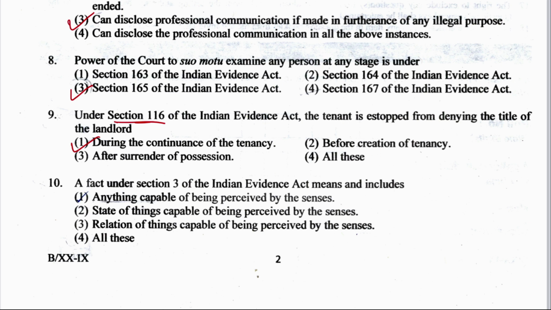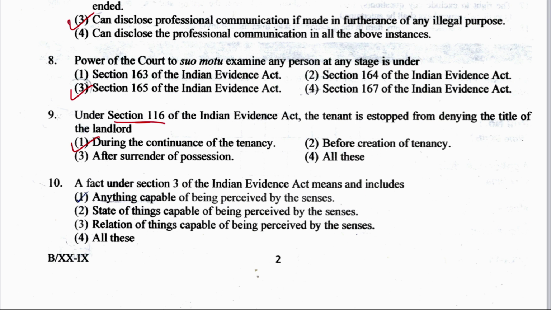No tenant of any immovable property, or person claiming through such tenant, shall, during the continuance of his tenancy, be permitted to deny that the landlord of such tenant had, at the beginning of the tenancy, a title to such immovable property. Now question number 10.